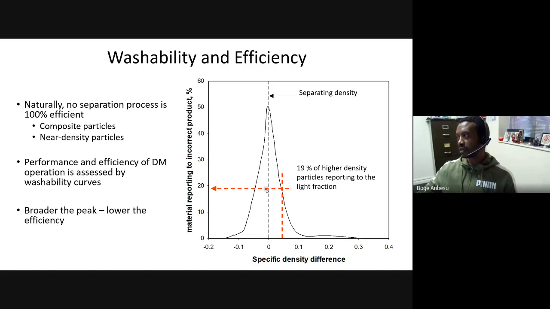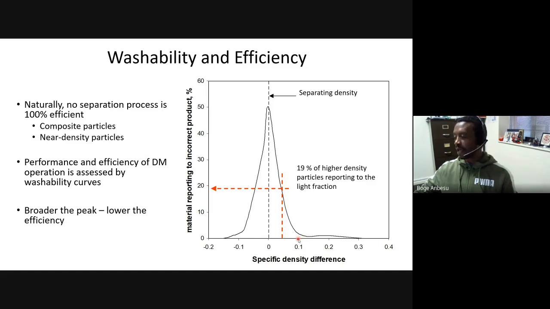So this curve here shows just an assessment of near gravity particles. So I say, for example, this is our specific gravity for separation. So the media maybe has specific gravity of, as I say, 1.5. So here, plus 0.1 specific gravity means a particle with specific gravity of 1.6.